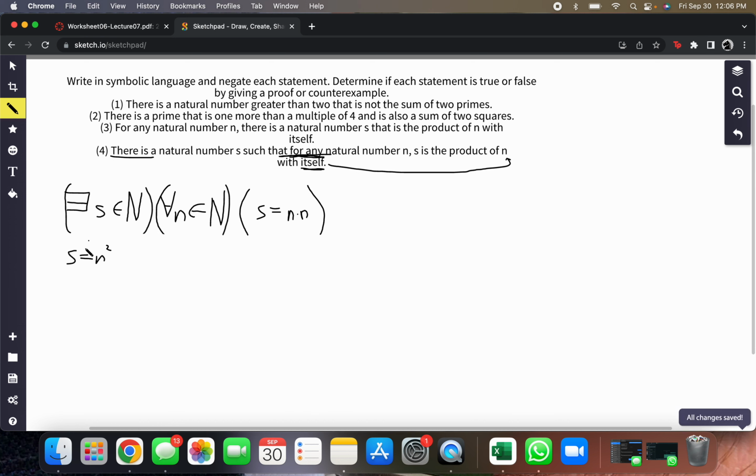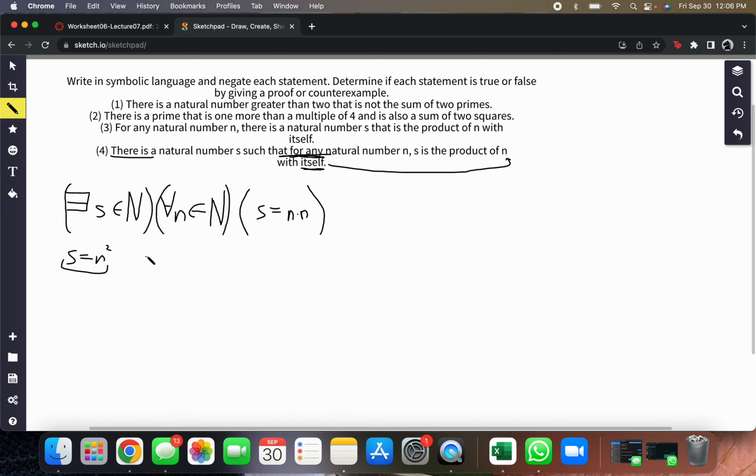And that's actually, we just assigned a value to s. S equals n squared. But we also said that s has to be that value. It has to be n squared. It has to be what it is for any value of n. So basically the statement has to be true when n is 3 and when n is 4.